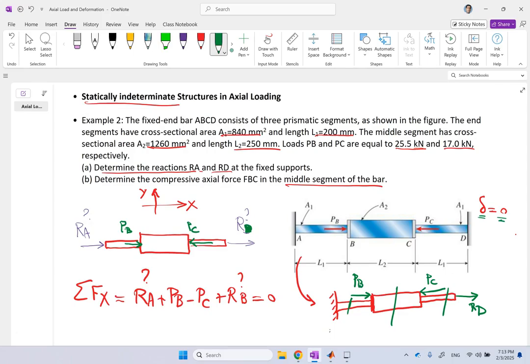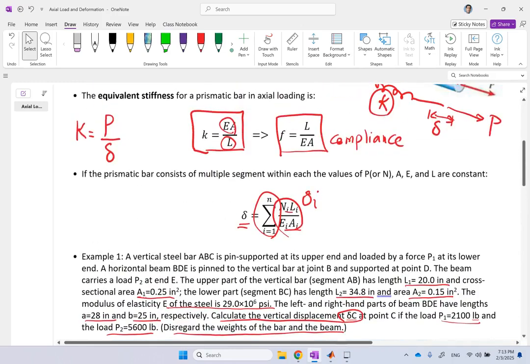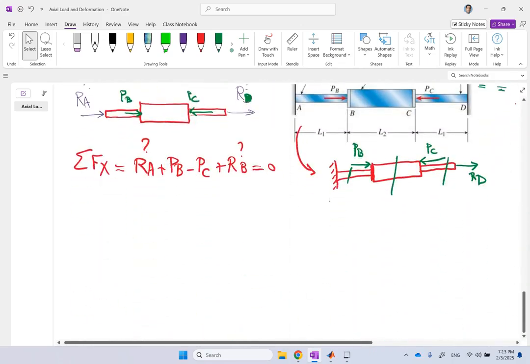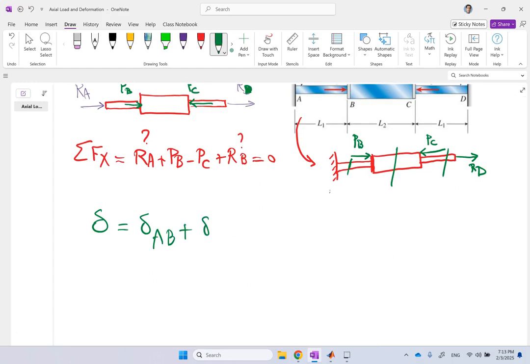Since I have 3 sections, I will use this formula that we just learned with n equal 3, and I will get the total elongation of this rod. So the total elongation of this rod equals delta of section AB plus BC plus CD. Now, what is it for section AB?